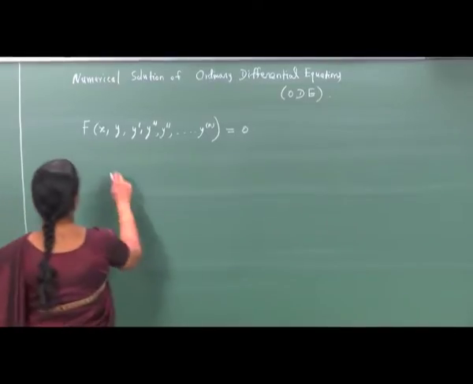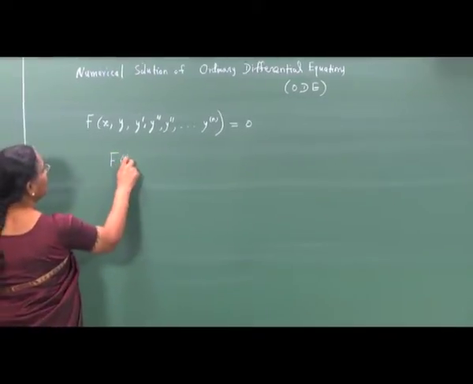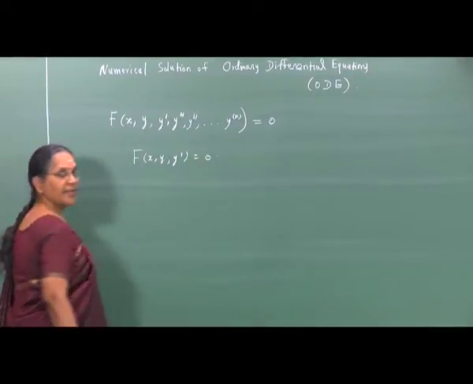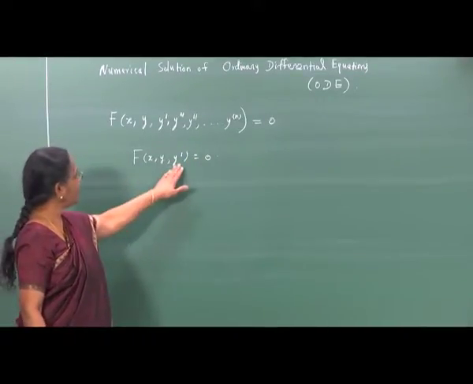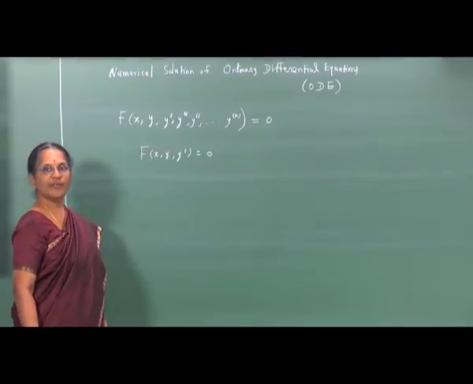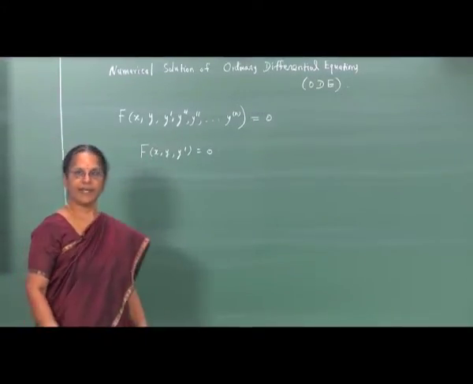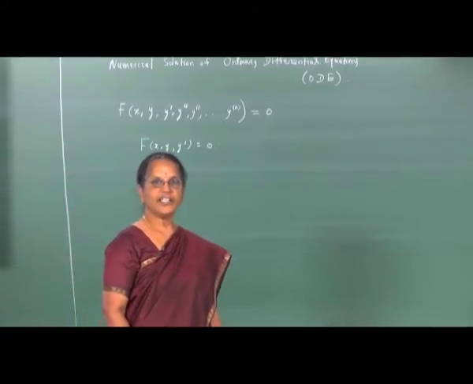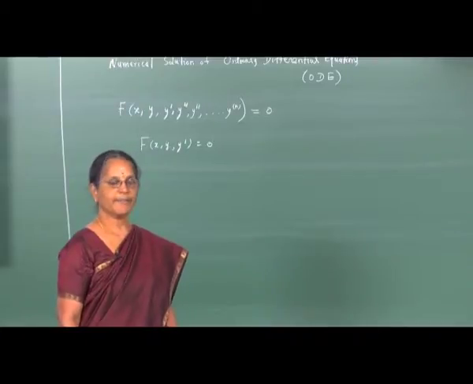So, they will be relationships of the form f of x, y, y prime equal to 0. The highest order derivative is the first order derivative of y with respect to x, and so we would like to develop numerical methods by means of which we can solve differential equations of order 1.